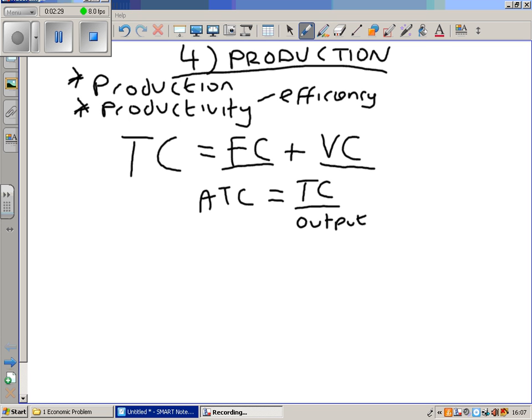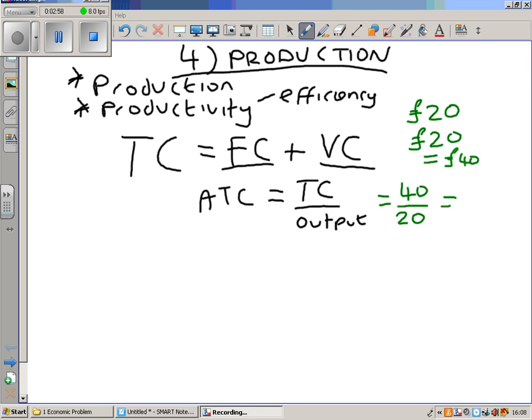If we take an example that our classroom incurs fixed costs of £20 an hour, and the variable costs work out at £1 per student, and we have 20 students, our total costs would be £40. In our equation, we would have £40 divided by an output of 20 students to get us average total costs of £2.